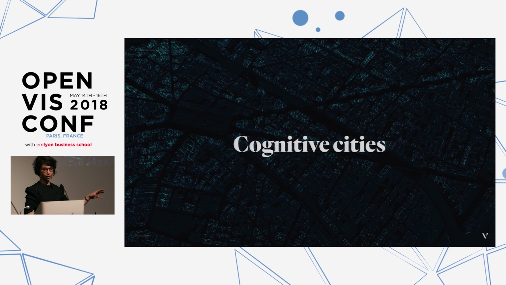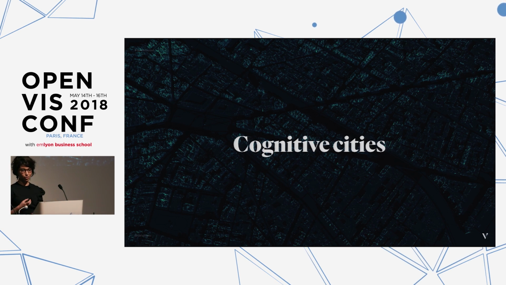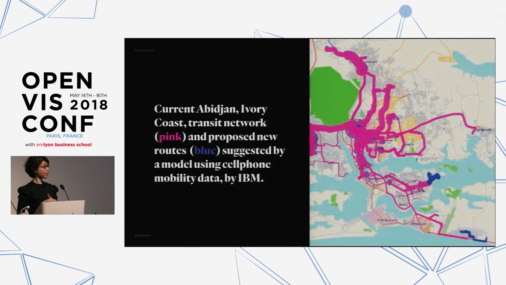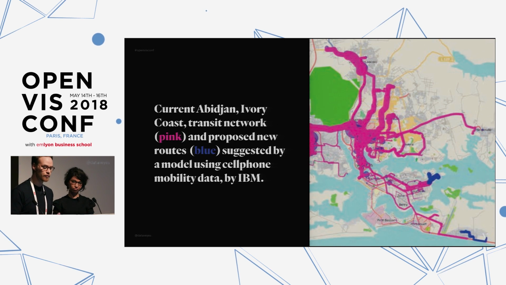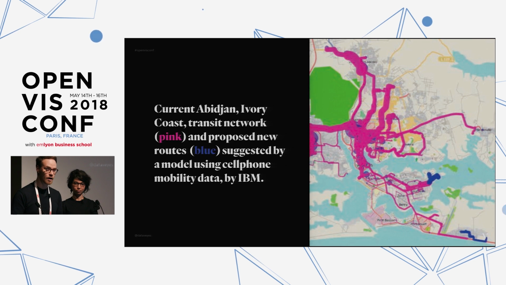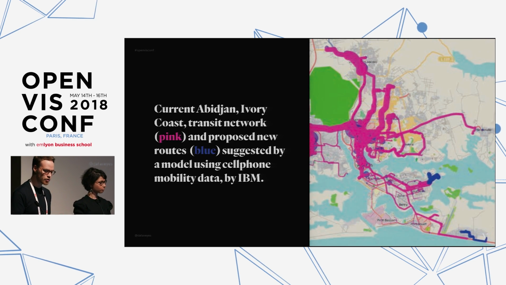Cognitive cities are about learning from feedback loops to improve sustainability and resilience. For example, this IBM case. Yes, this example struck me because IBM used cell phone call data to offer new bus routes in Abidjan, in the Ivory Coast. These new routes help ease traffic by 10% according to their optimization model.